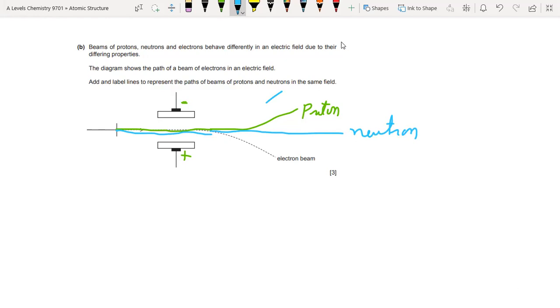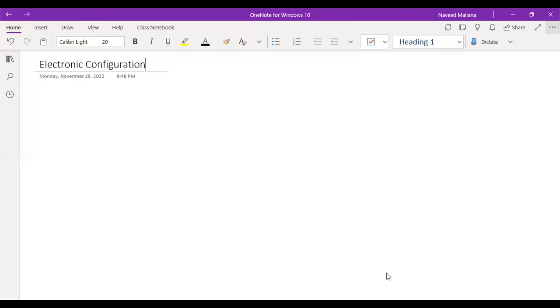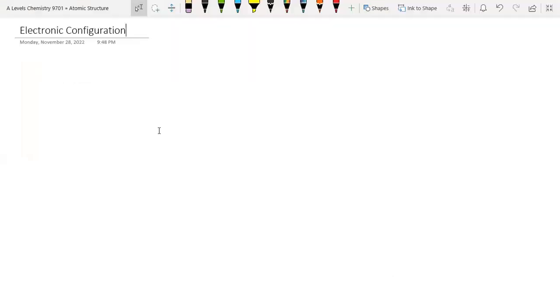Now we will discuss our next topic. Let's start our next topic, that is electronic configuration.